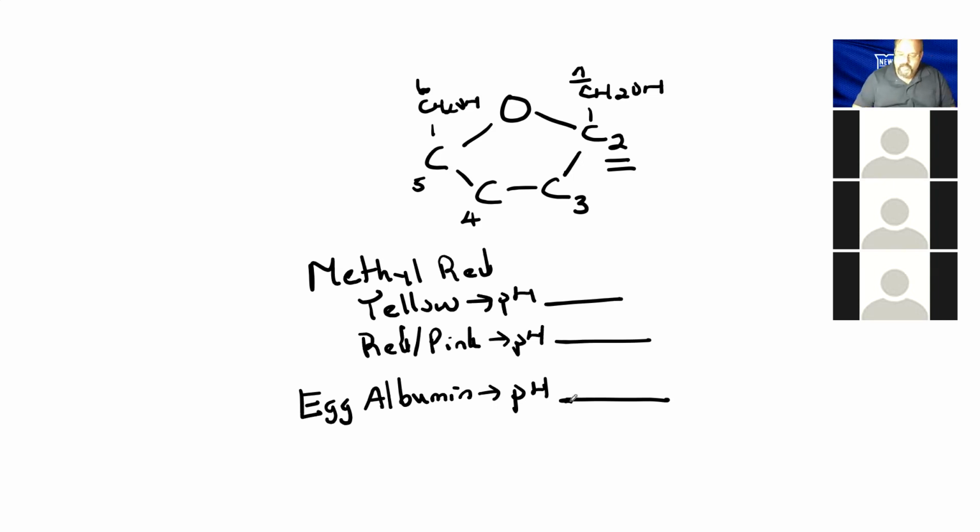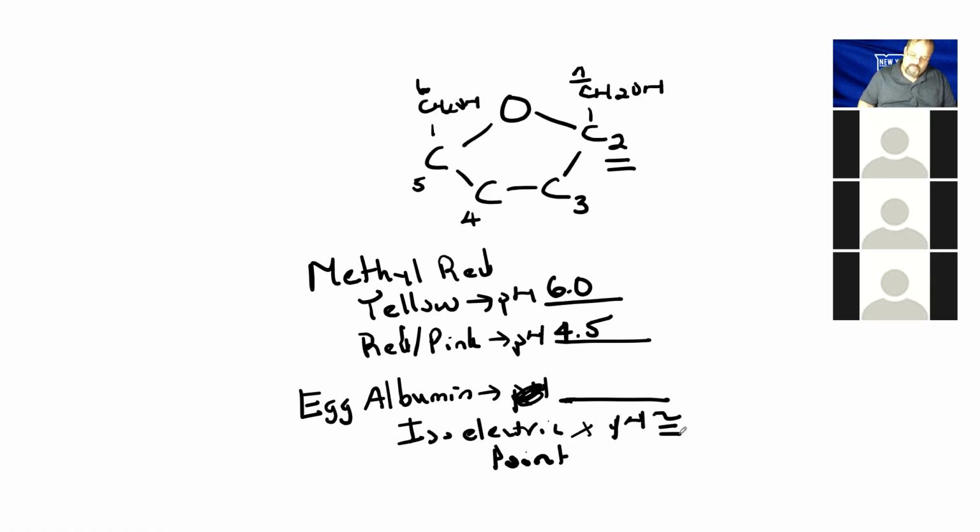So in other words, if methyl red is yellow at a pH of, let's say, 6, and it turns red/pink at a pH of 4.5, and for argument's sake the isoelectric point of egg albumin is a pH of about 4.9, based on this information, if you added acetic acid to the egg and the egg went from yellow to red/pink, would you have reached the isoelectric point based on the information on the slide?